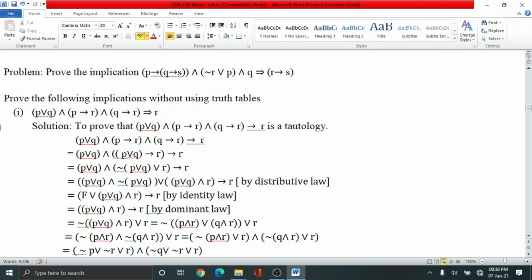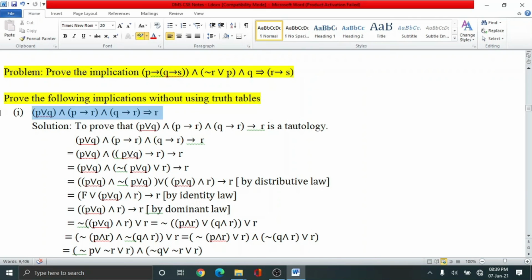And for your understanding, you can consider this problem and you can verify the tautological implication of the given compound statement. And now let us verify the same tautological implication without constructing truth tables.